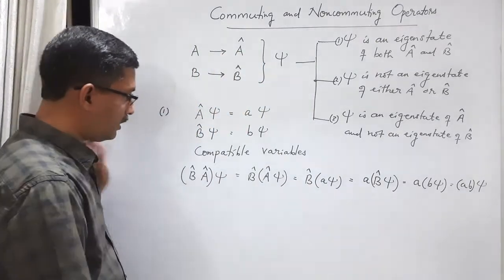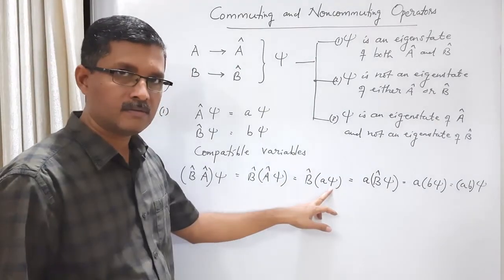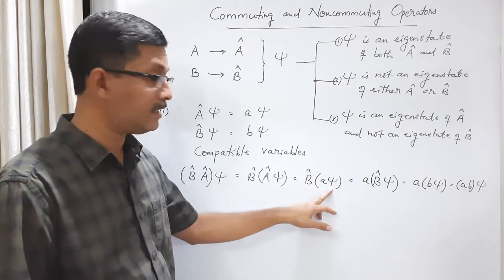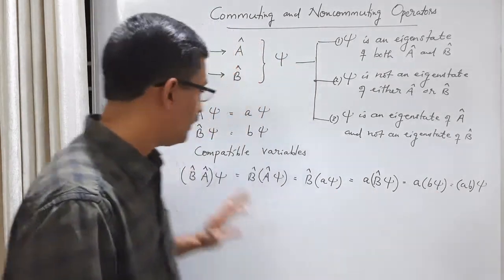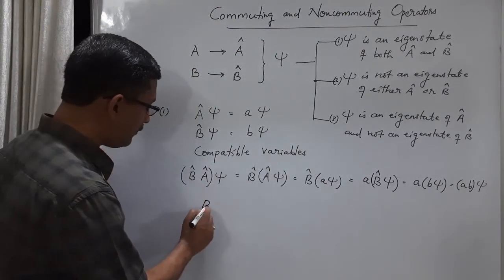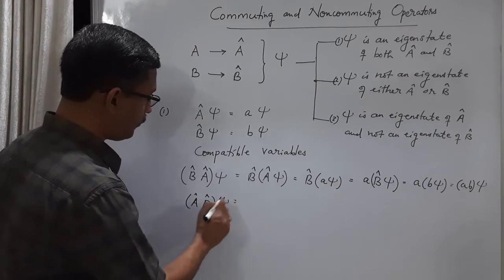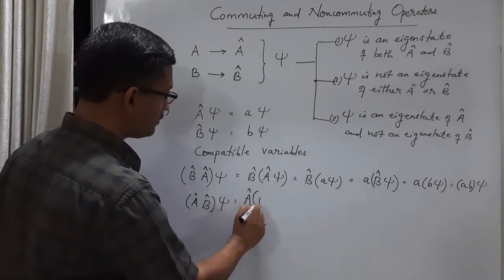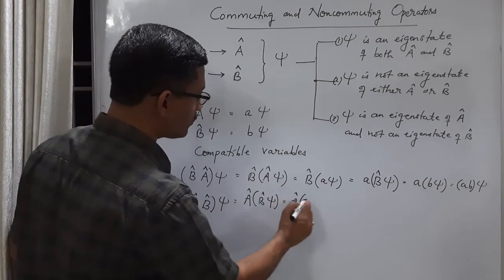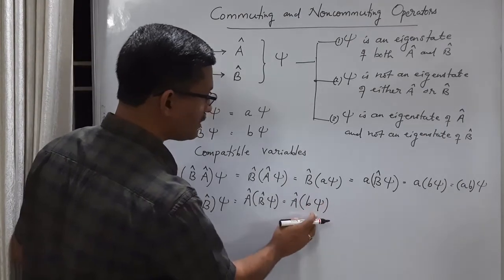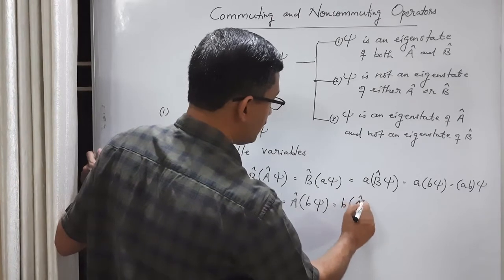Let us change the order. So now you can see that when A acts on psi, the state psi does not change. It remains the same state because it is the eigenstate. B acts on psi, again the state psi does not change. Let us reverse the order. This time we measure B first and then A. So we can write this as B first acting on psi, and when B acts on psi we get small b times psi, the state does not change, and this is b times A psi.